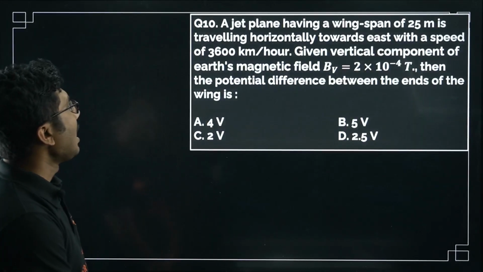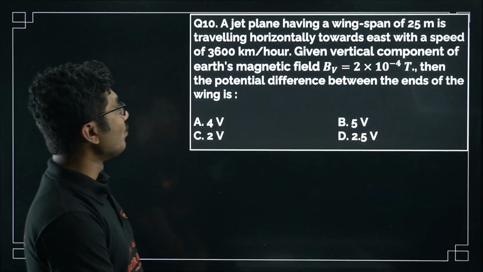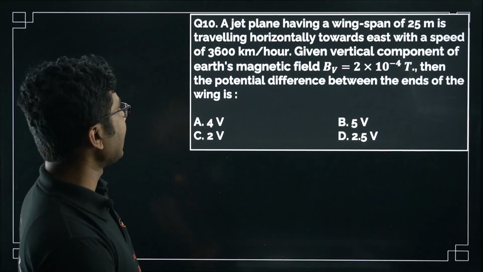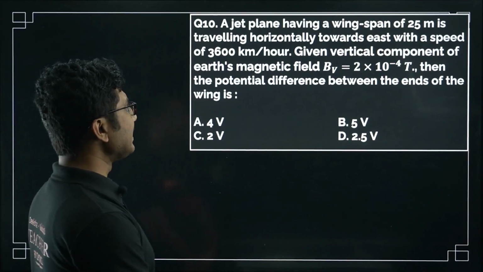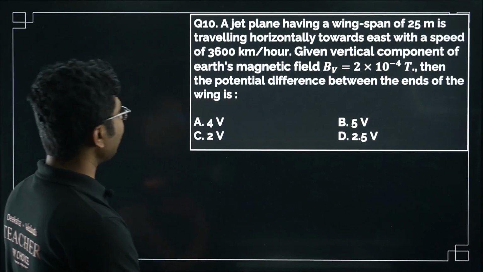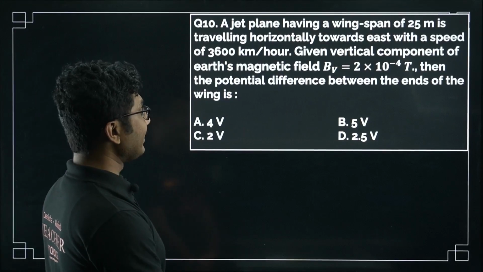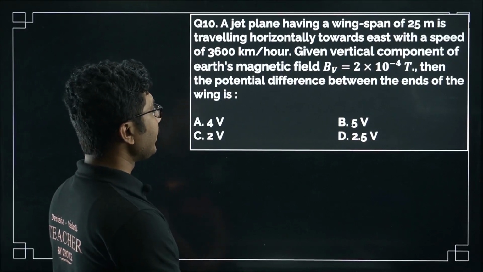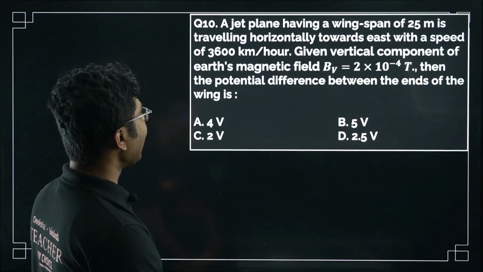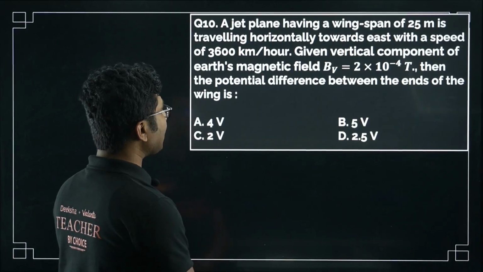Next question, a jet plane having wingspan of 25 meter is traveling horizontally towards east with a speed of 3600 km per hour. Given the vertical component of Earth's magnetic field BV equals 2 into 10 to the power of minus 4 Tesla, then the potential difference between the ends of the wing.